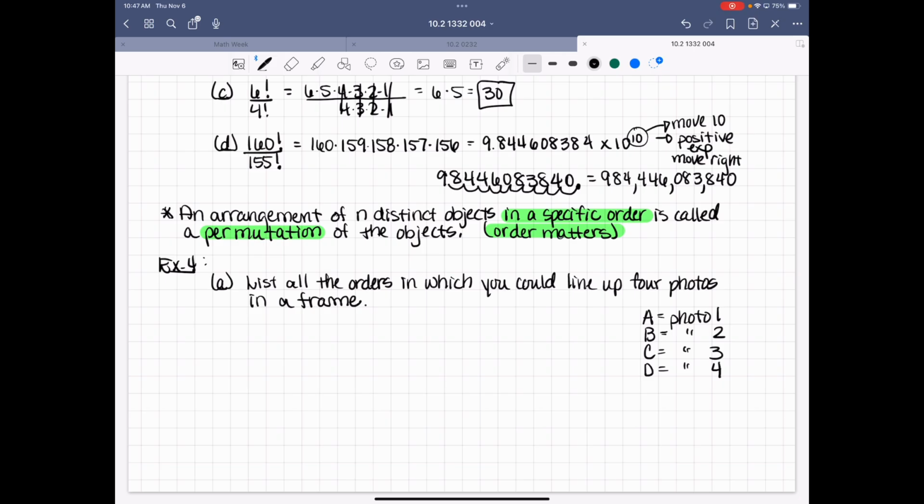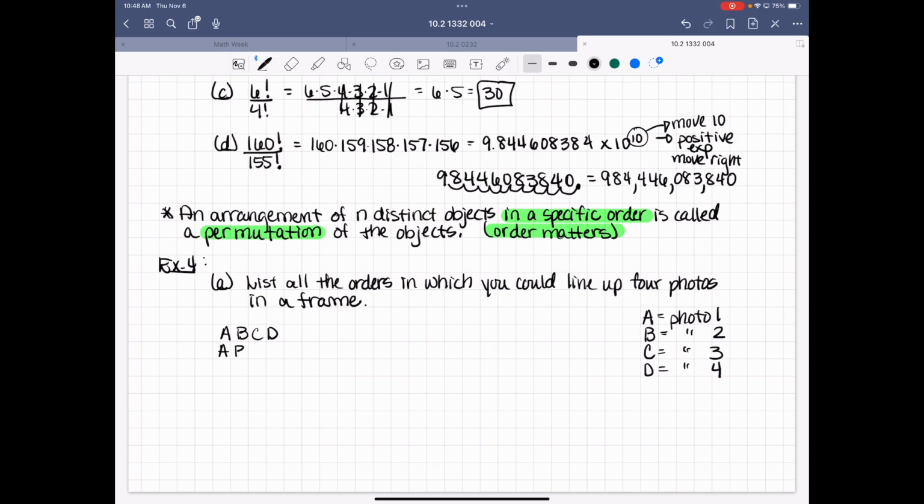So, here's how I process this in my head. I start off with how many different possibilities there are with photo A first. I could have A, B, C, D. Then I take D in my head and move it to the other positions, leaving everybody else the same.